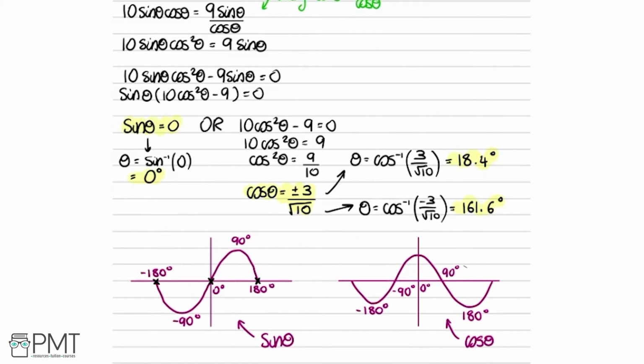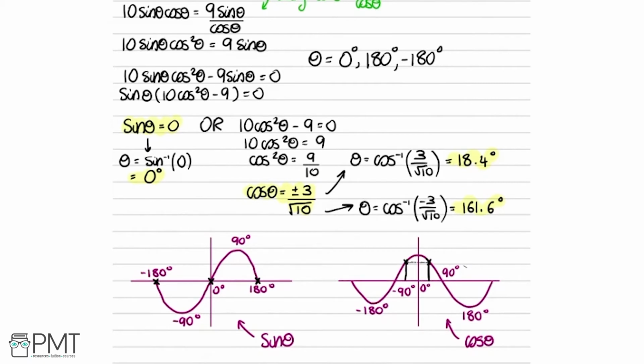Up here I'm just going to start writing out all our final solutions. So we've got what we originally worked out, 0 degrees, and from looking at the sine curve, we also get 180 degrees and minus 180 degrees as solutions. Now we're going to take a look at both the cos values. So 18.4, well, that is somewhere about here. So we've got one of the solutions here. But if we work back, we see it also across here.